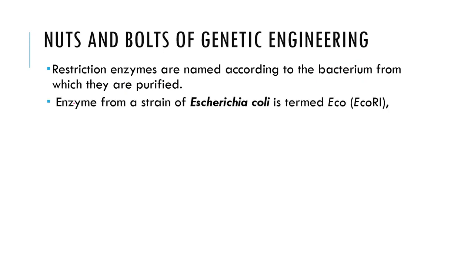So for example, we have an enzyme which we have isolated from Escherichia coli. The naming convention is that we take the first letter of the generic name, the genus name, in this case E, and then we take the first two letters of the specific epithet. So it becomes Eco. This is the name of the enzyme.